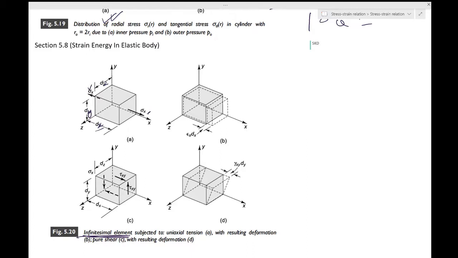Okay, so we are not taking delta x delta y because it's an infinitesimal. So delta x tends to 0, that you write as dx. In 5.20b, it shows the corresponding deformation including the elongation due to strain component epsilon x. So you have to make this correction here as well, in all of these places.